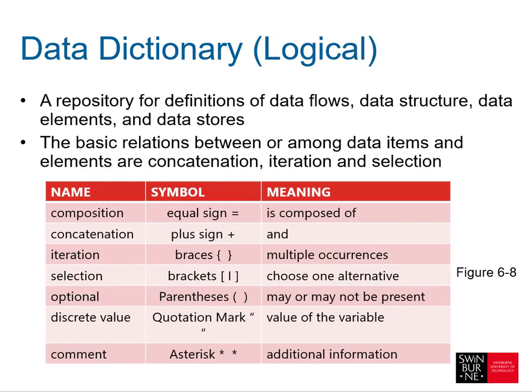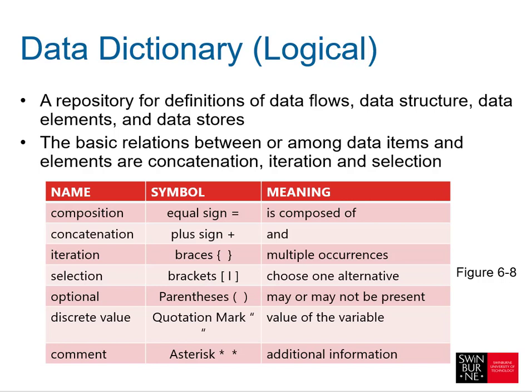Right, so before we move into an example, when you construct a data dictionary, remember we need to use some symbols. As I told you before, you can construct the data dictionary for data flows, data stores, and data elements, right?